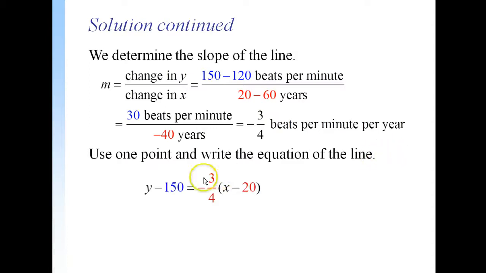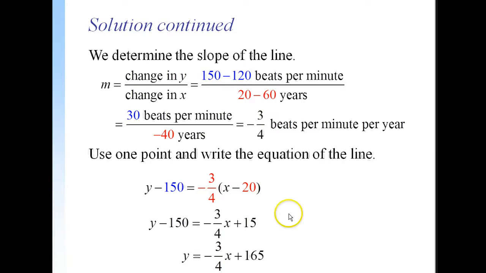Now, using that, we then put it into point slope form, which we've done. And we're going to multiply through and then transpose this. So we end up with this particular equation of the heart rate for aerobics and those particular ages.